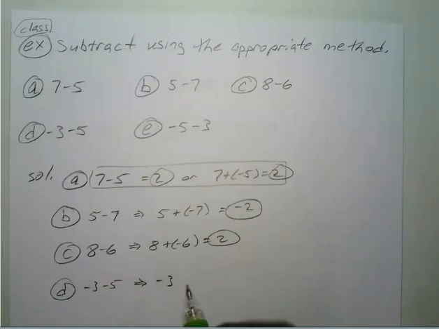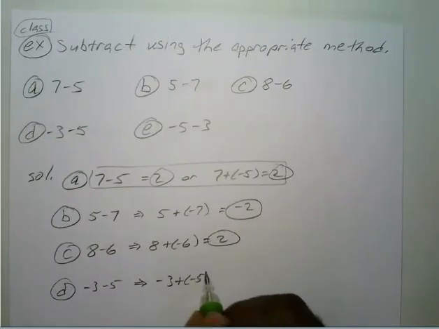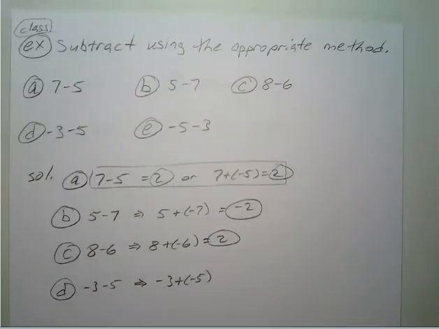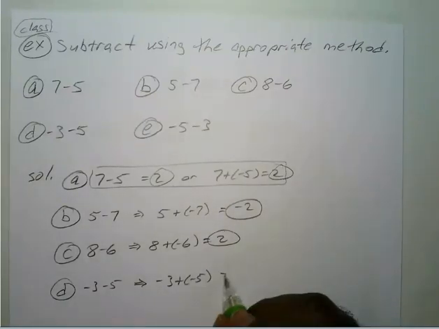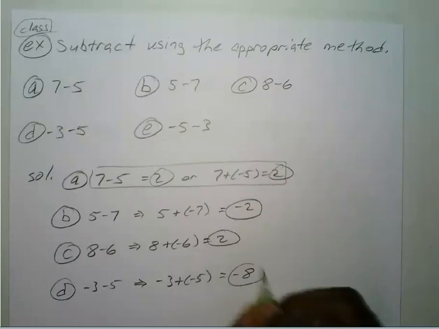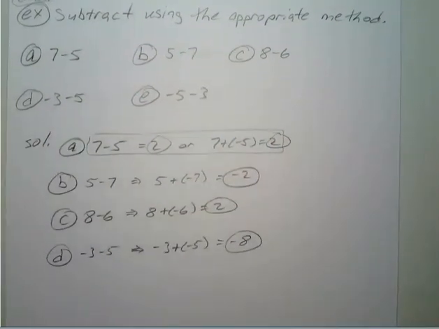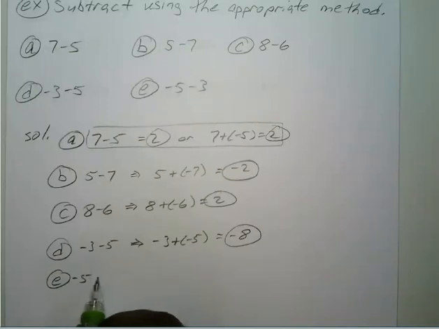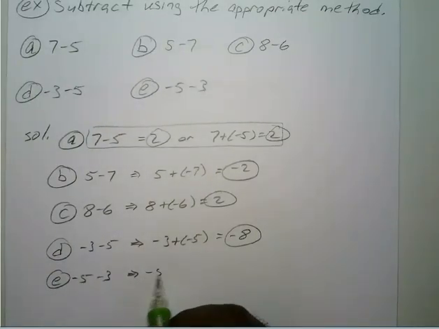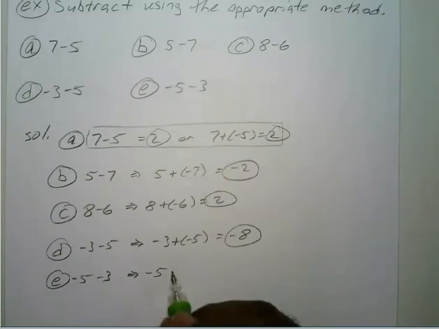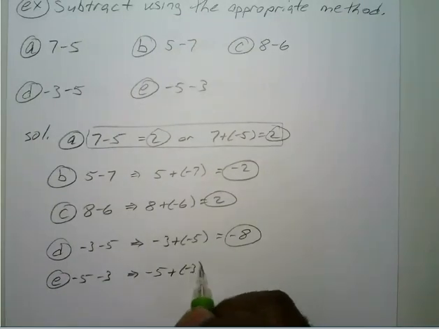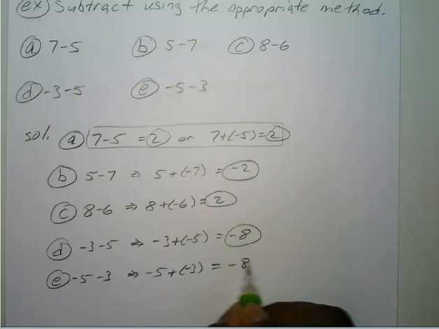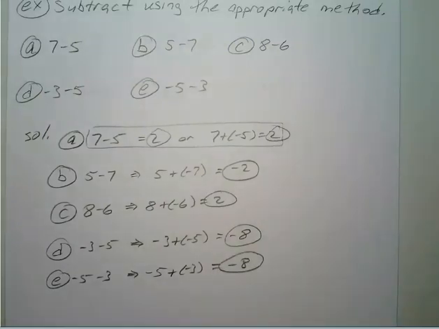So you have negative 3, that minus 5 becomes plus negative 5, which is negative 8. And for problem E, negative 5 minus 3 gives you negative 5, that minus 3 becomes plus negative 3, which again is negative 8.